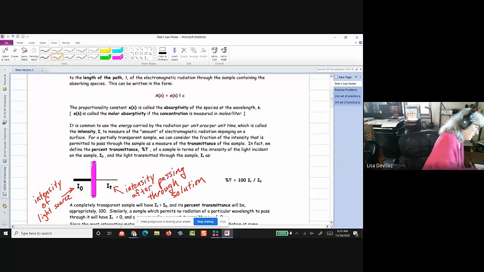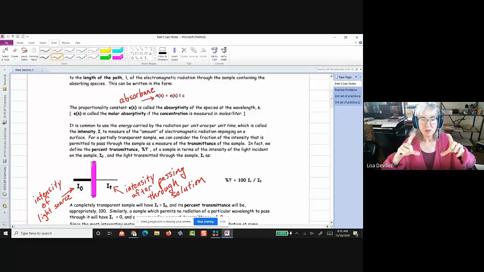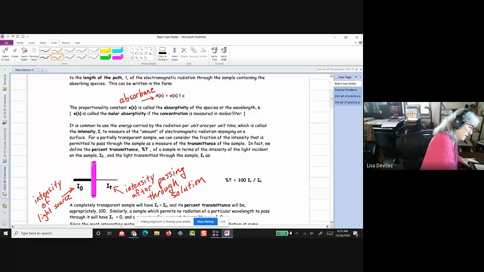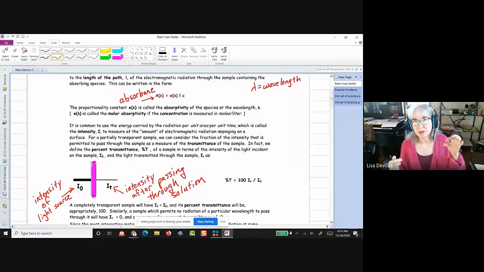Okay, and so what Beer's Law says is that the absorbance, that A with the little symbol and the lambda, where lambda is the wavelength of the light. In the simulation, you saw where you could use different wavelengths of light, and depending on which solution you had, some wavelengths work better than others. In the spring, we're going to actually work with spectrometers.